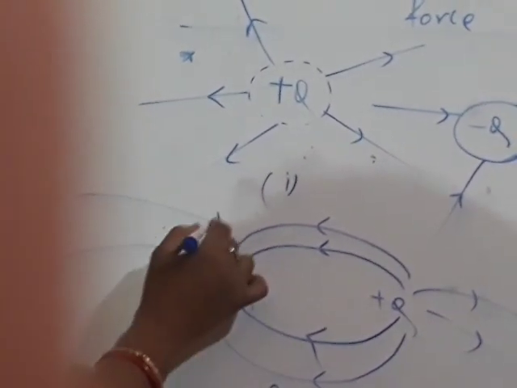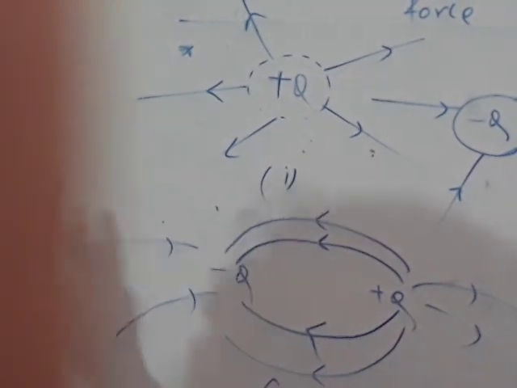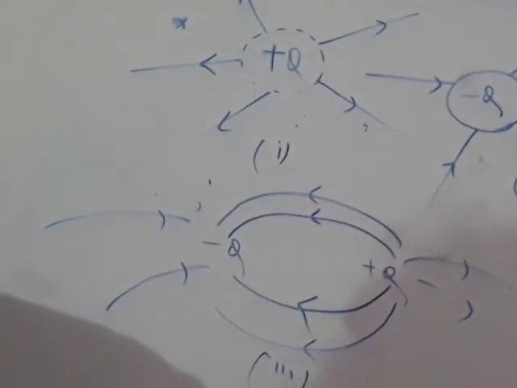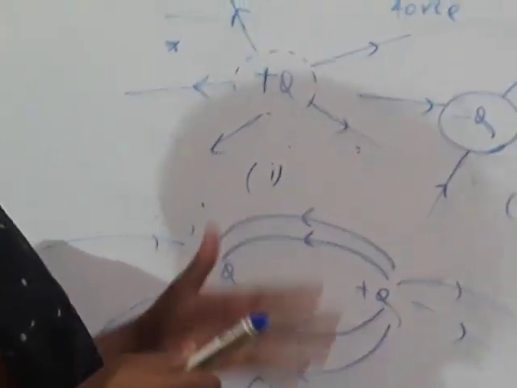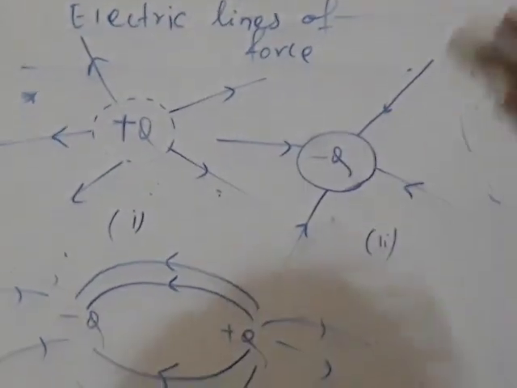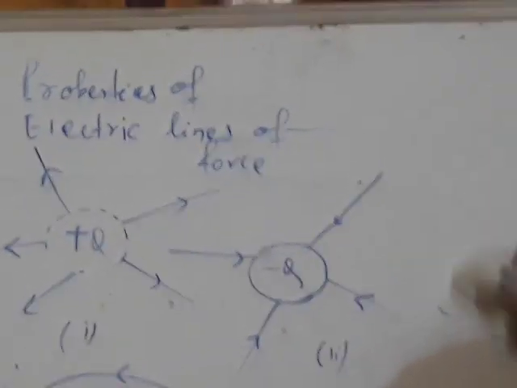So electric lines of force are imaginary lines which may be represented by straight lines or curved lines.